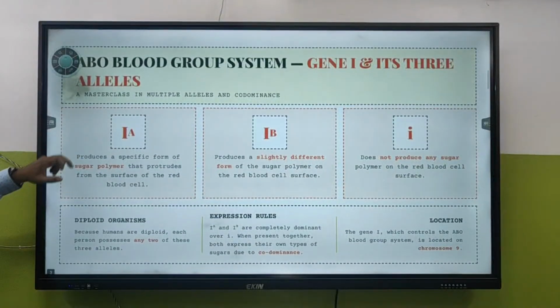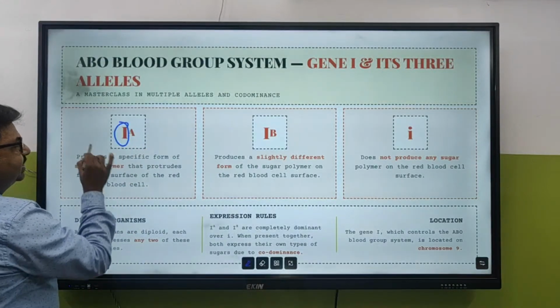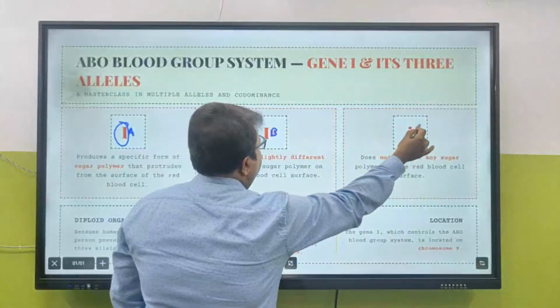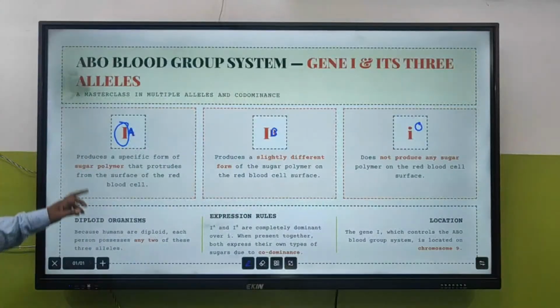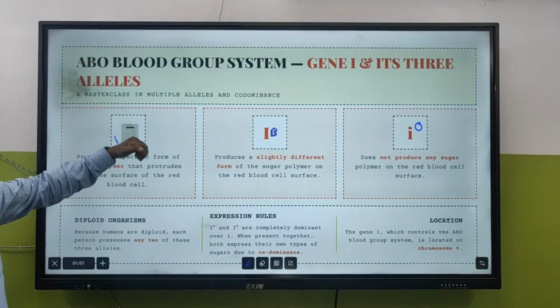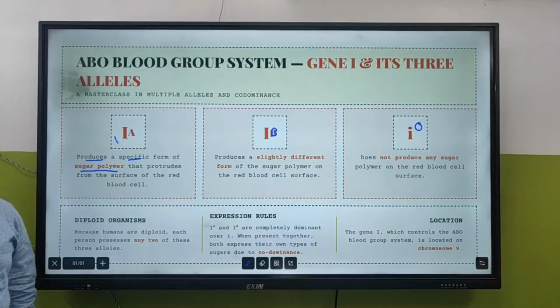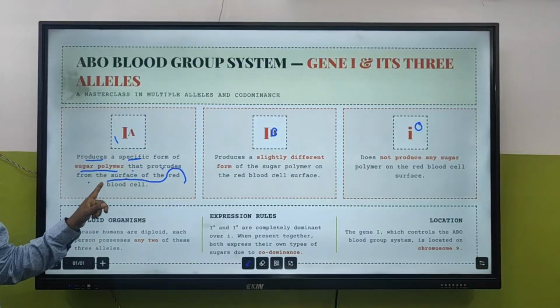ABO blood grouping system. Gene I and its 3 alleles: IA, IB, and i, which is I or IO. What is IA? It produces a specific form of sugar polymer that protrudes from the surface of the red blood cell.